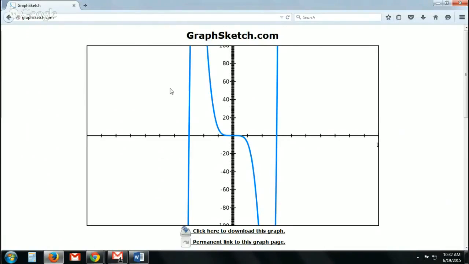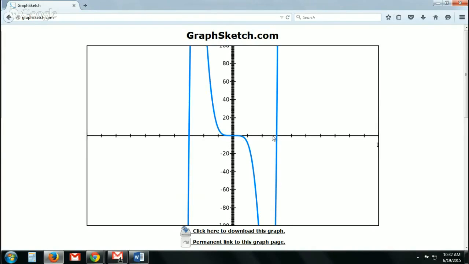Here is our picture. It's shooting off of our grid here up at the top and also over here down at the bottom. But notice what's happening. We're passing through these x-intercepts. Here is the x-intercept for negative 3, and we've gone through it. Here is the x-intercept at 0, and we've gone through it as well.